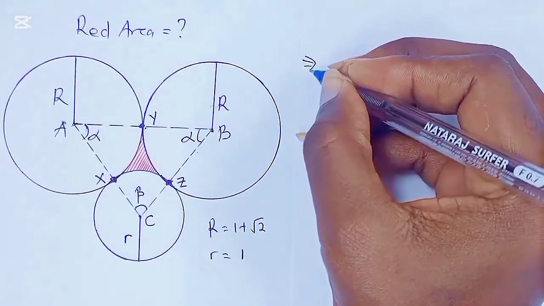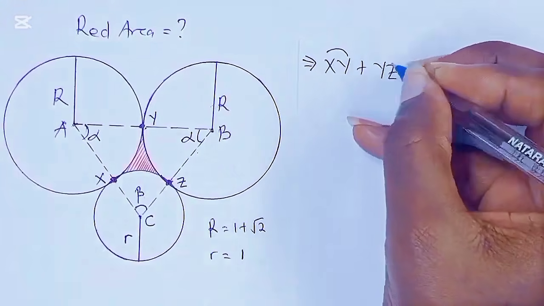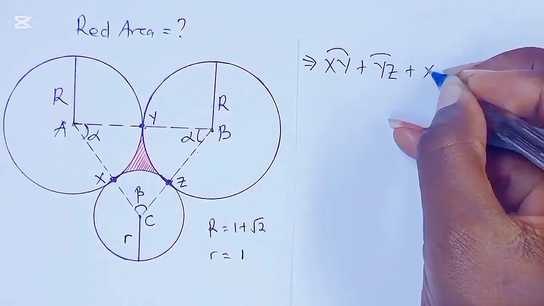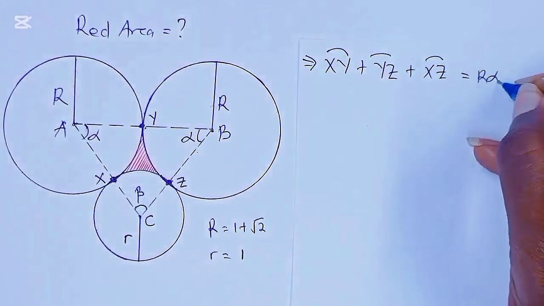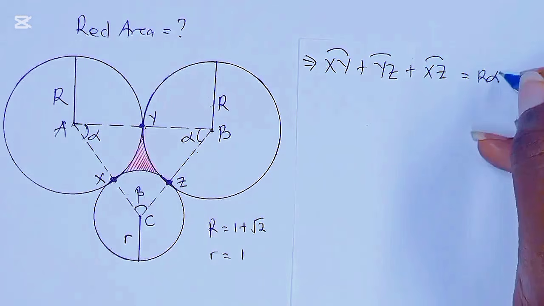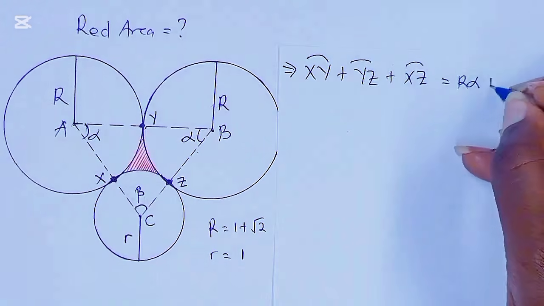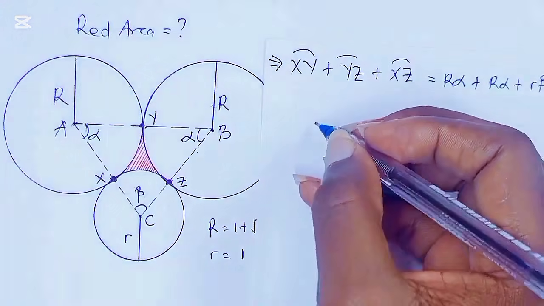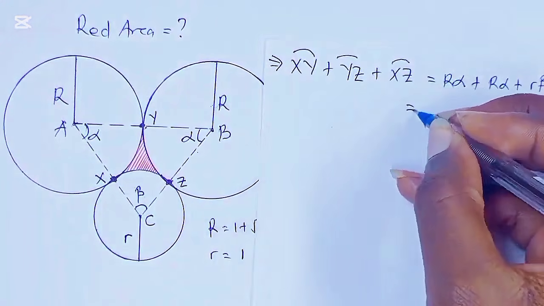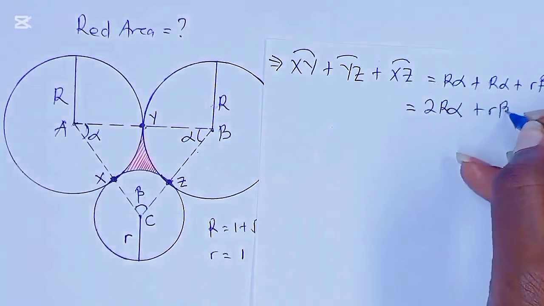This will imply that xy plus yz plus xz is equal to R alpha plus R alpha plus small r beta. So this will give us 2 capital R alpha plus small r beta.